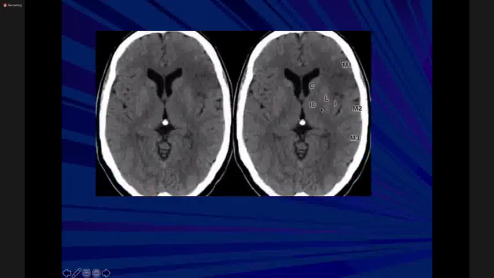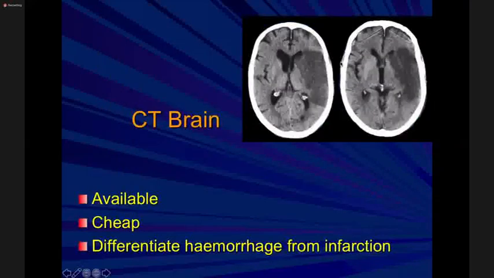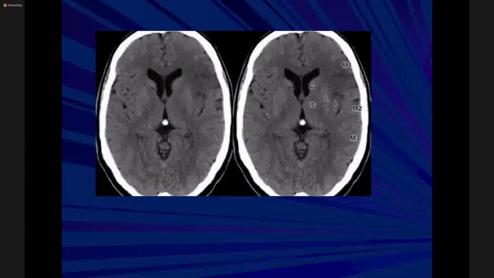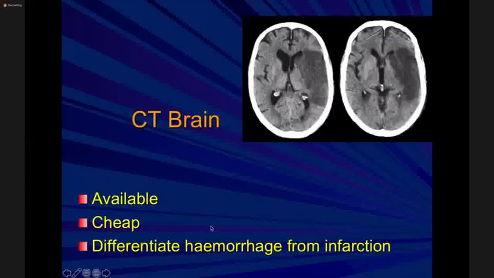Then over about the next 24 hours, you would see further changes appearing, and then they can be further categorized. To classify the CT changes, we categorize them into M1 to M3, and the internal capsule, caudate, lentiform nucleus, likewise, so that we could classify them further.